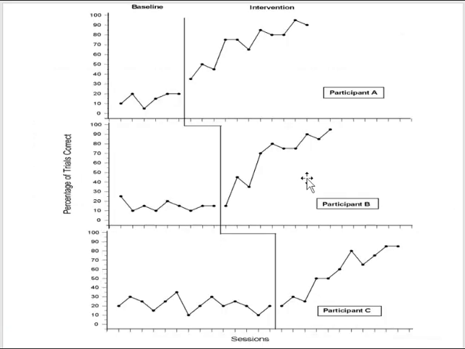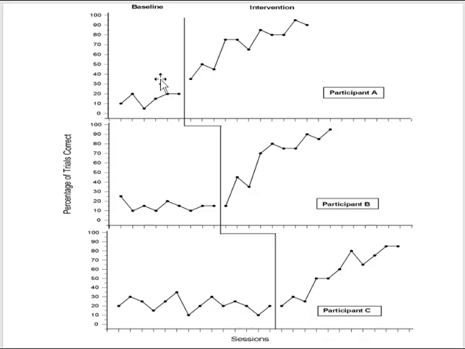Second graph here, what I'm seeing are some functionally independent yet similar behaviors, most likely for participant A, B, and C. I've got 3 participants, and I've got this staggered introduction of an independent variable with continuous measurement in baseline. This is a multiple baseline across participants design.